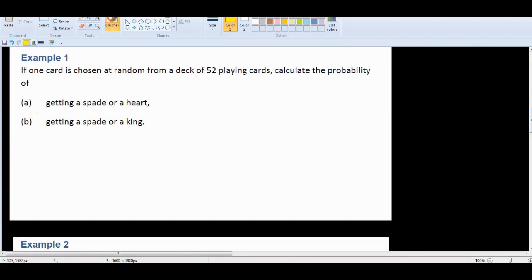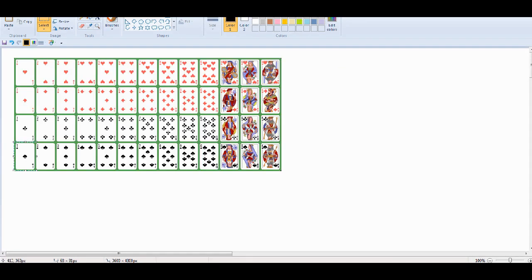Okay, if one card is chosen at random from a deck of playing cards, getting a spade or a heart. Okay, so spade means the suit of the last row.